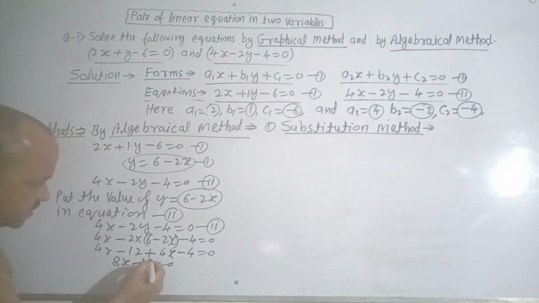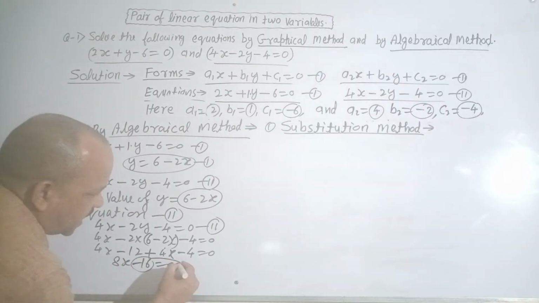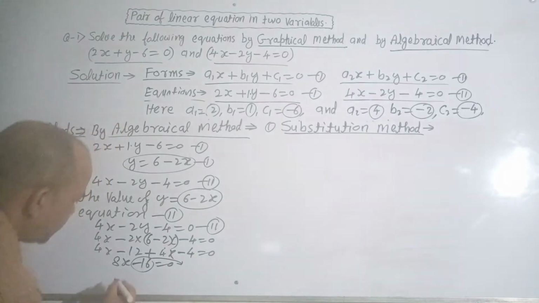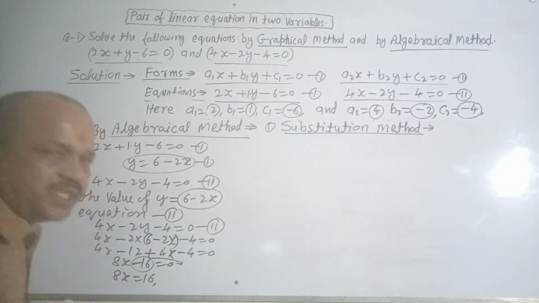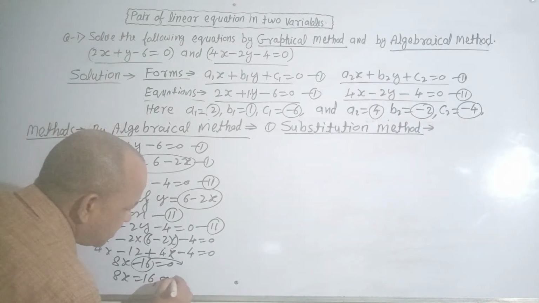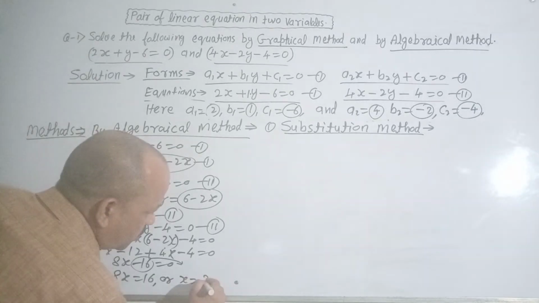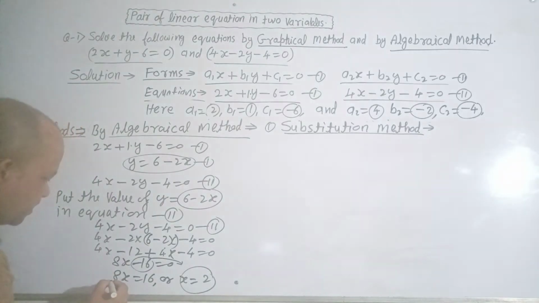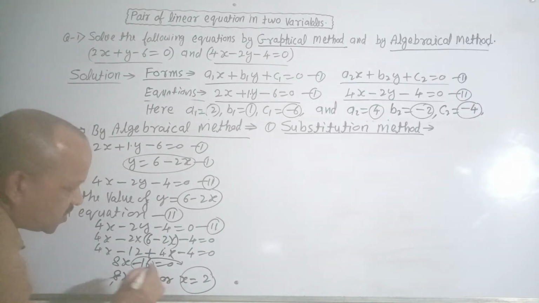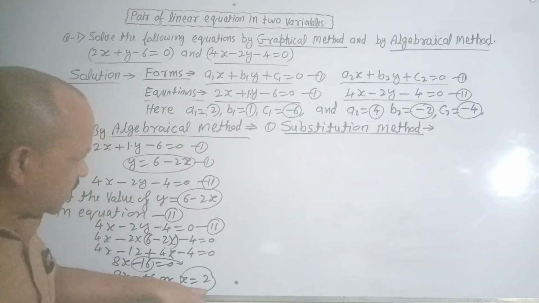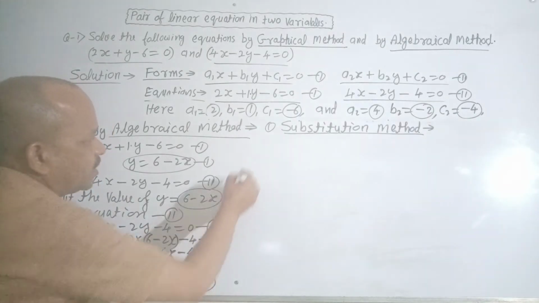You can write minus 16 on the right side of the equal sign. It becomes 8x equal to 16, or x equal to 2. Here 8 ones are 8, 8 twos are 16. You find x equal to 2.